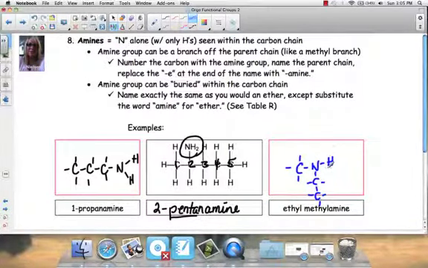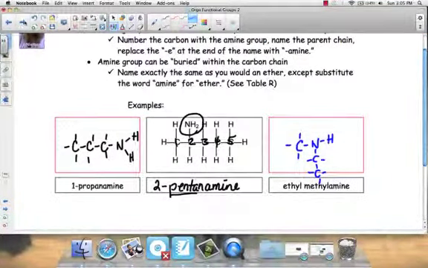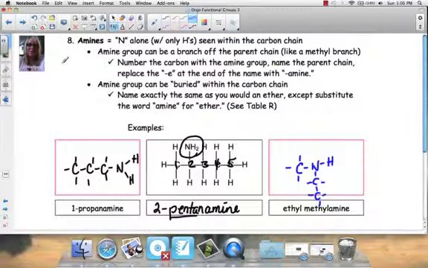Remember that nitrogen can only form 3 bonds, so don't get carried away with that. I believe you already have the picture in your book, but they drew it differently.